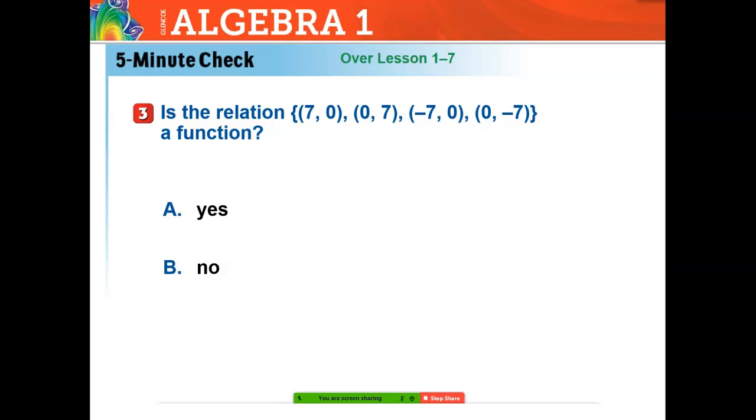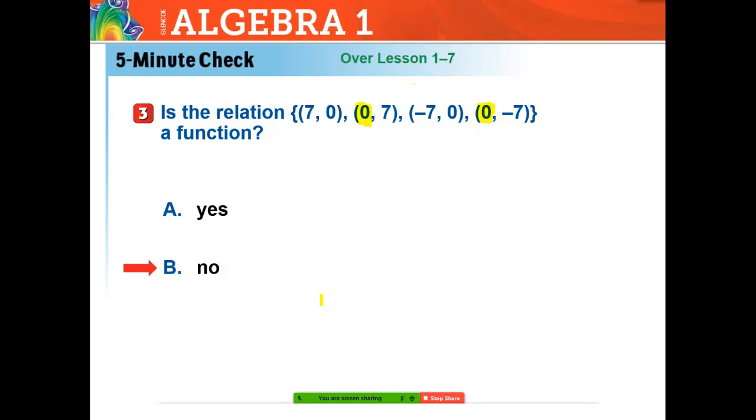All right, that's fine. So, guys, the correct answer is going to be no. The reason the correct answer is no is because right here, there is a 0 in the x-coordinate for 2 of the points. So this is a no because there is a 0 here and there.